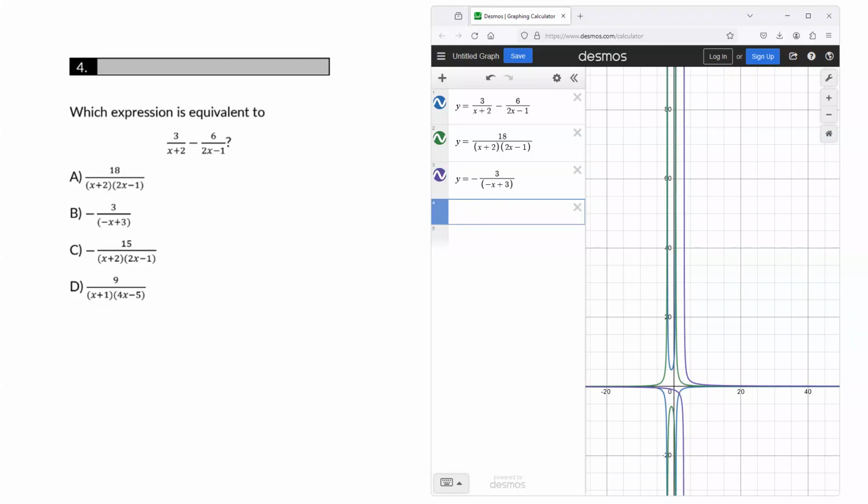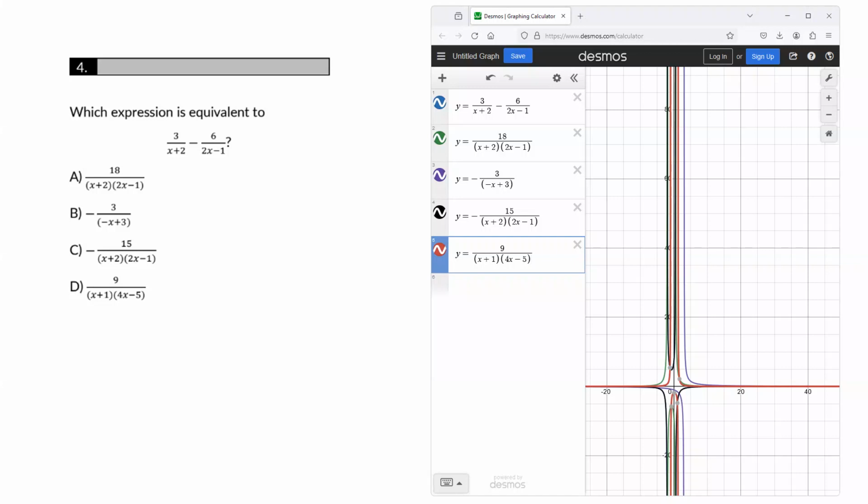All right, and then I have y equals -15 over x plus 2 and 2x minus 1. And my last one, y equals 9 over x plus 1 times 4x minus 5.